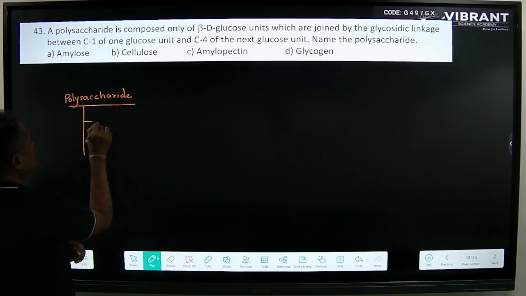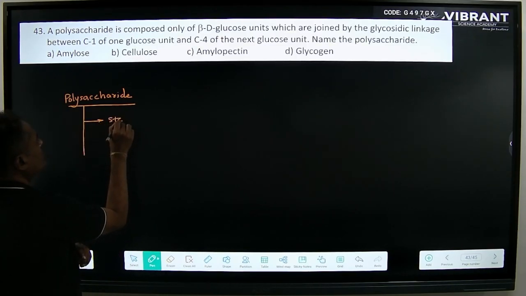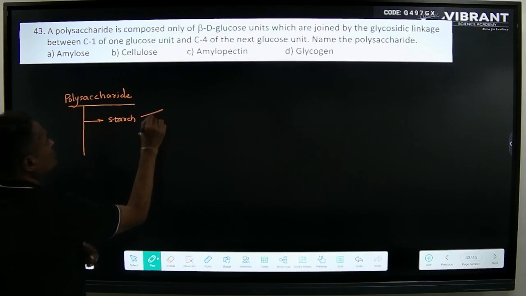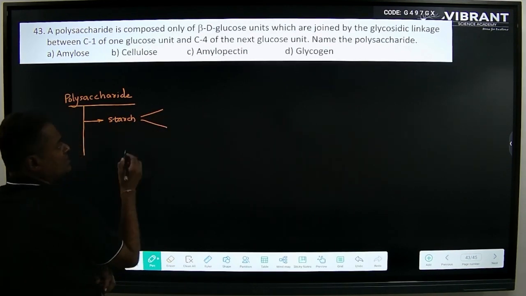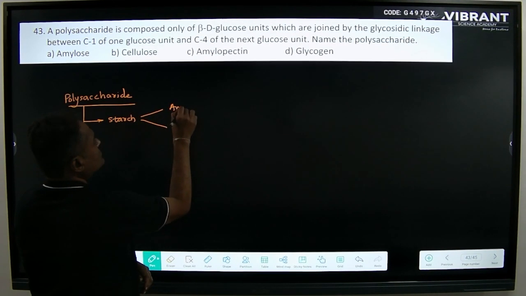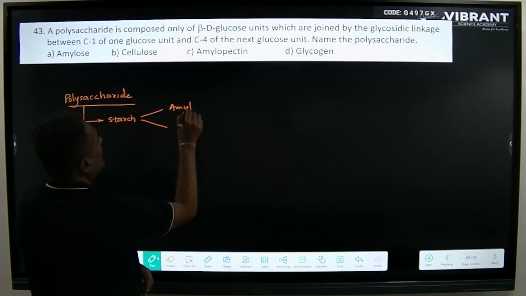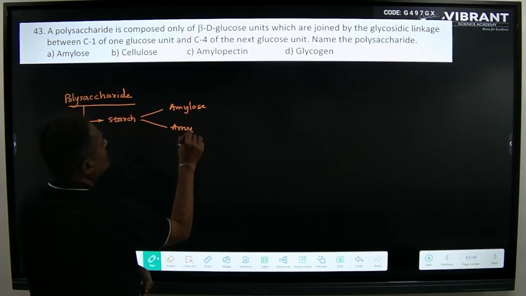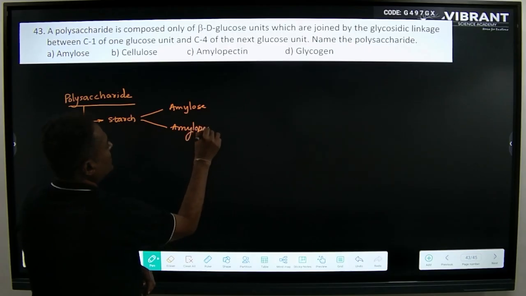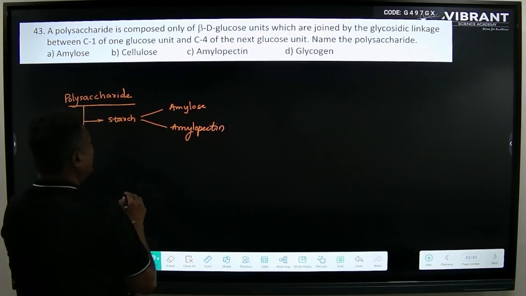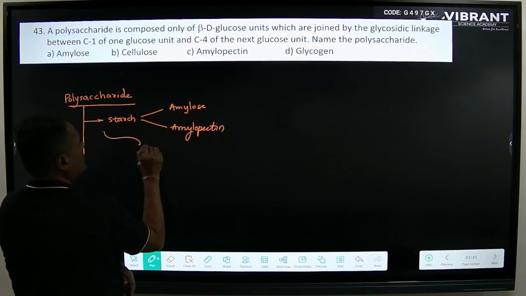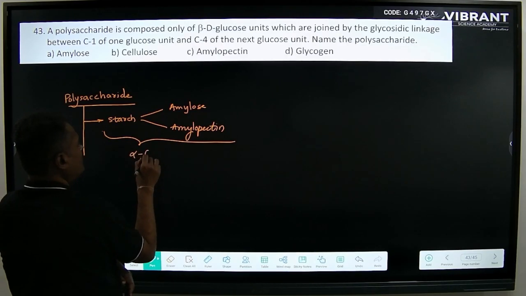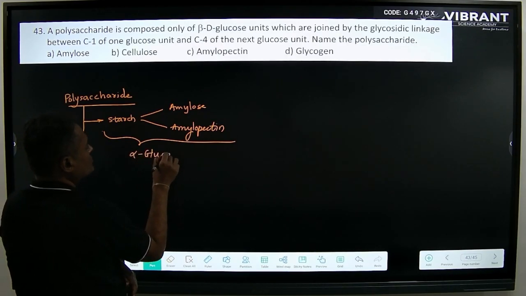If you know starch, starch is made up of only two things: one is amylose and the other is amylopectin.